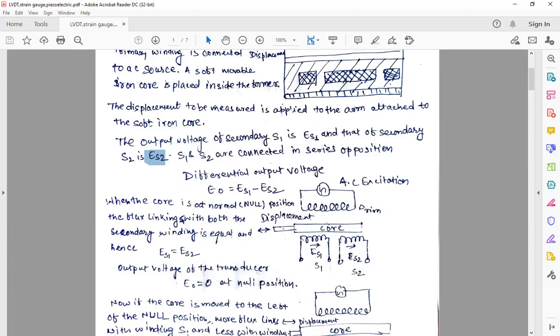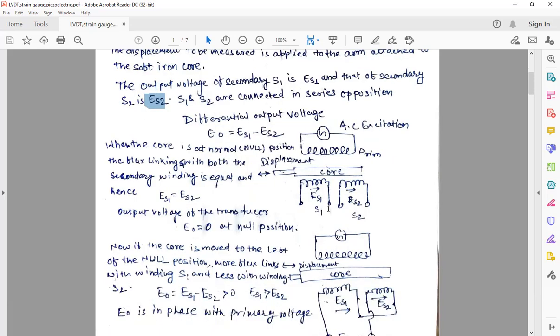So suppose we have a primary winding with an applied voltage source, one movable iron core, and two secondary windings. The EMF induced in the first secondary winding is ES1, and the EMF induced in the second secondary winding is ES2.